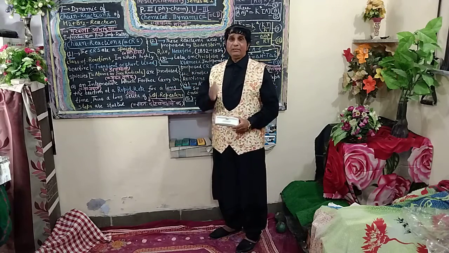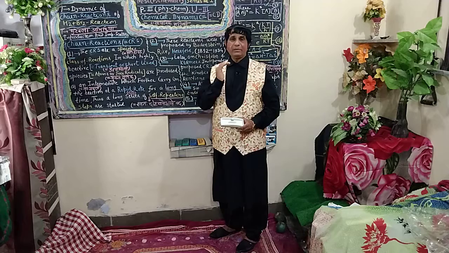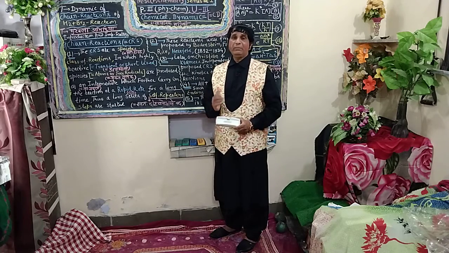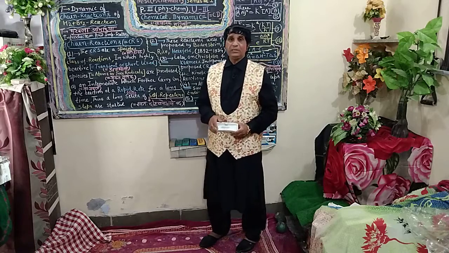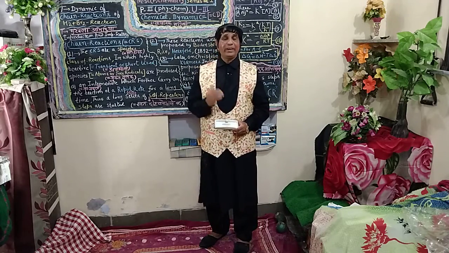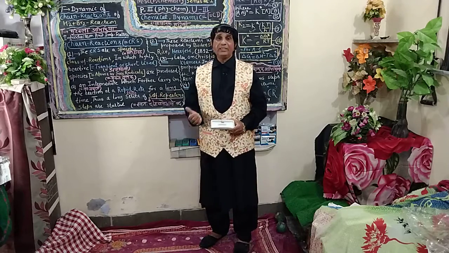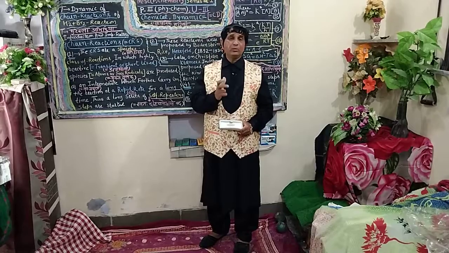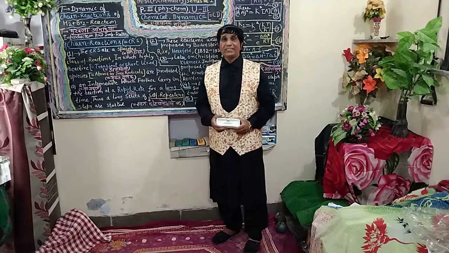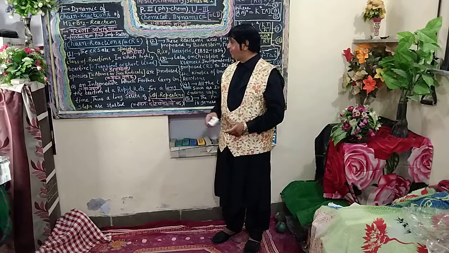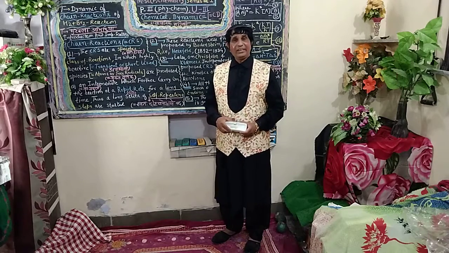A chain reaction, students of M.Sc chemistry, is a very special kind of reaction in which intermediate, transient, unstable species are produced in the form of atoms and free radicals, which further accelerate the reaction through a series of self-repeating steps.